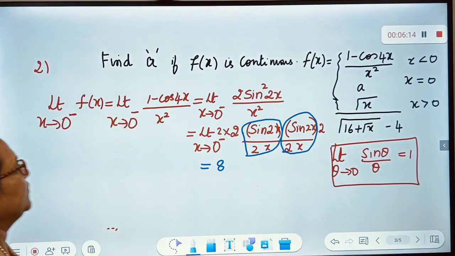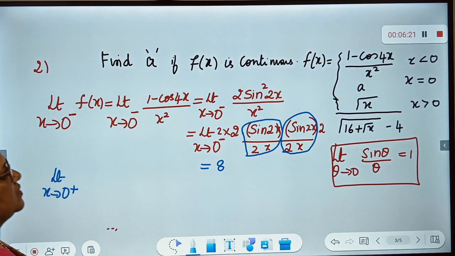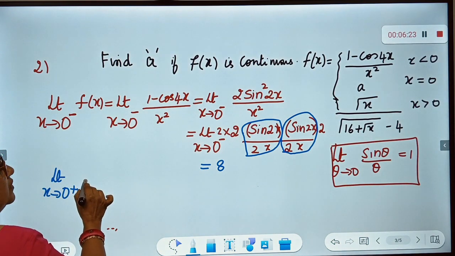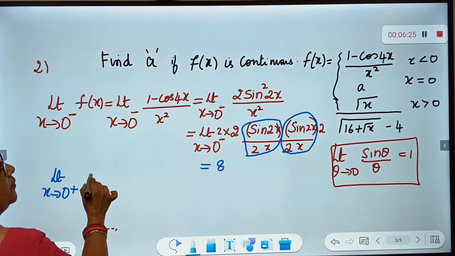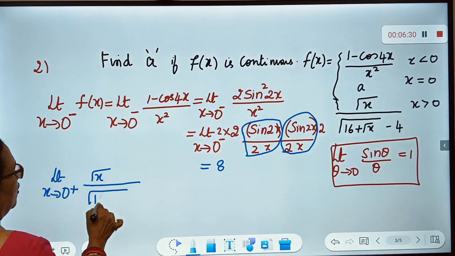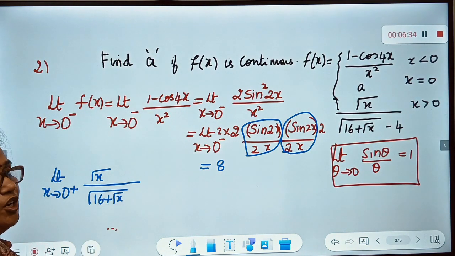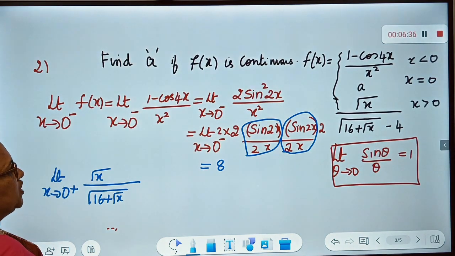So I get 8. Now what will be limit x tends to 0 plus of f of x? It will be root x by root of 16 plus root x minus 4. It is given to be continuous, but still we need to verify whether the left hand limit is equal to right hand limit.